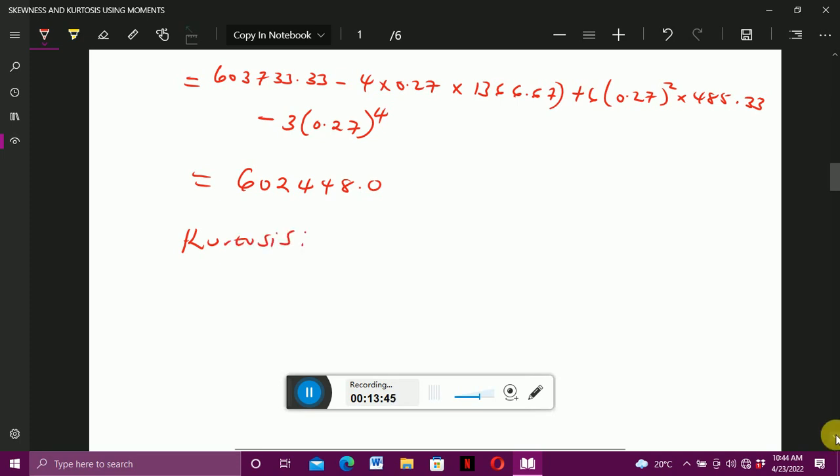And we said kurtosis is given by this value, A4 is mu4 divided by mu2, all this squared. And mu4 we have just seen up here is 602,448.0.